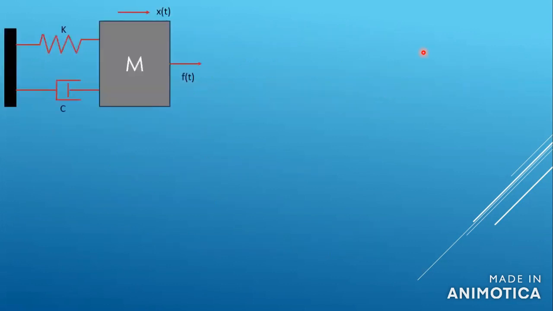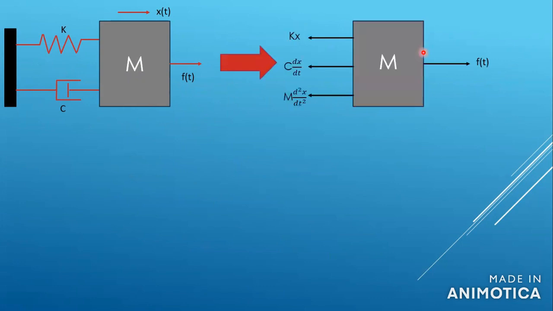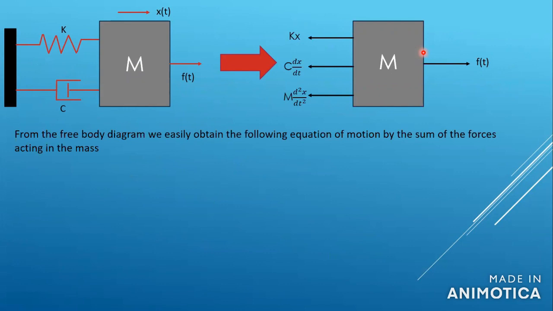Now, I'm going to explain the simplest example of a mass spring damper system. First, in this example, we get our free body diagram. From the free body diagram, we easily obtain the equation of motion by the sum of the forces acting on the mass.